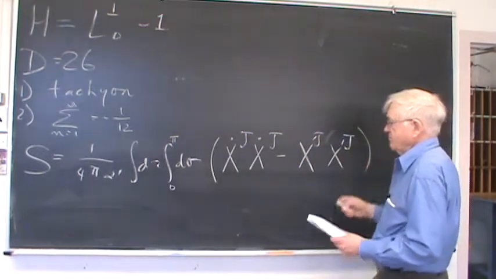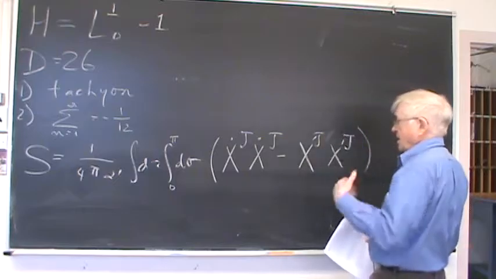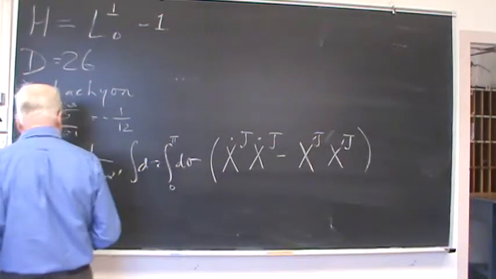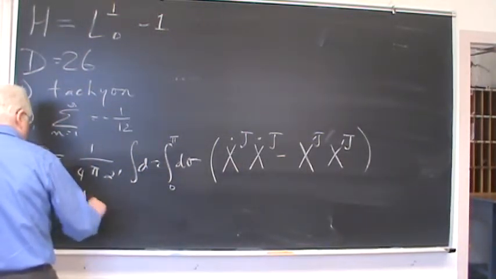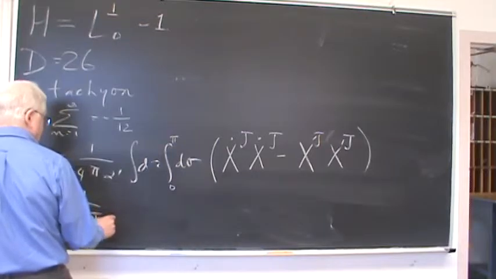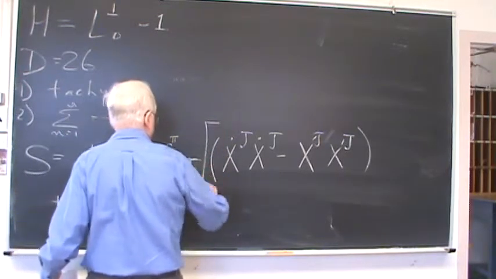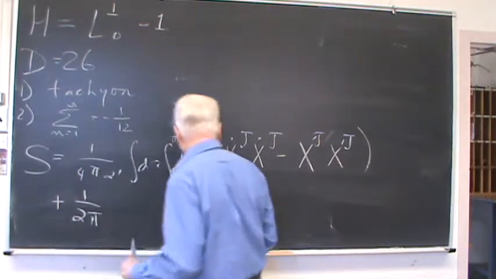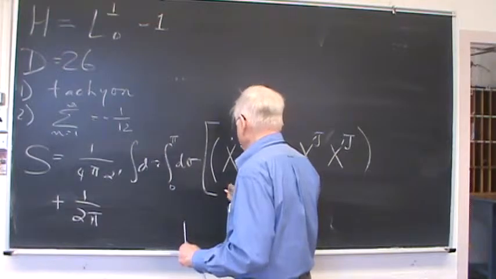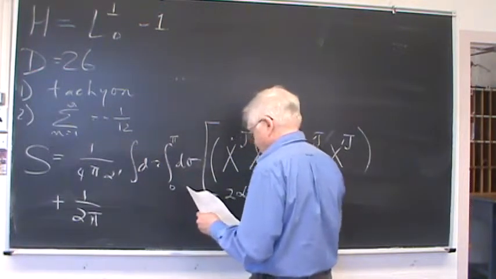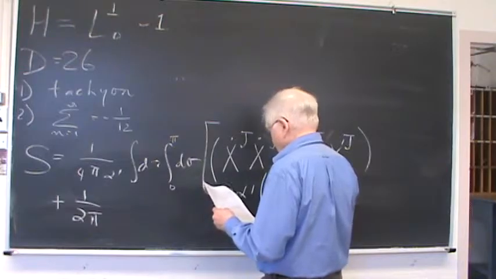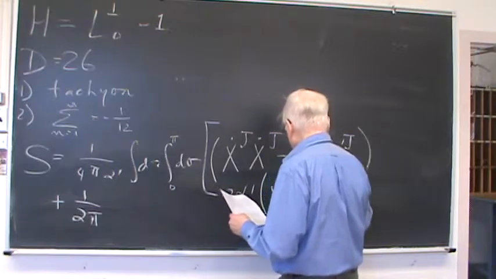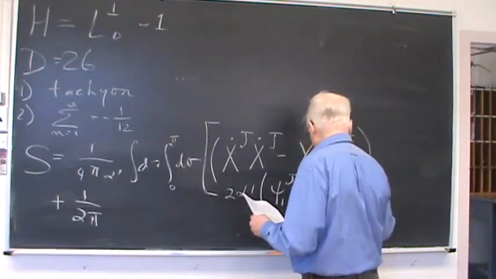Okay, so this is the action in the light cone gauge, and one adds to it a fermionic action. One way of doing that is to write, well, I do have this alpha prime, so I better write it as 2 alpha prime times psi 1J, tau derivative plus sigma derivative.